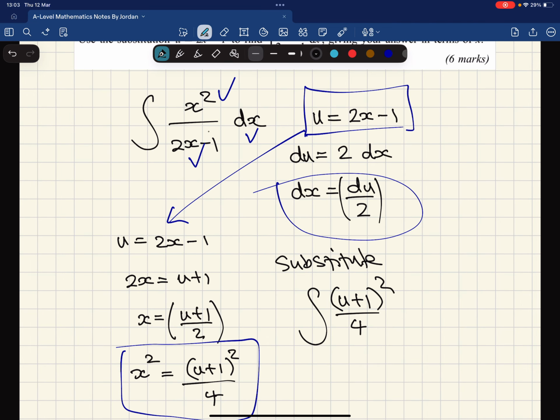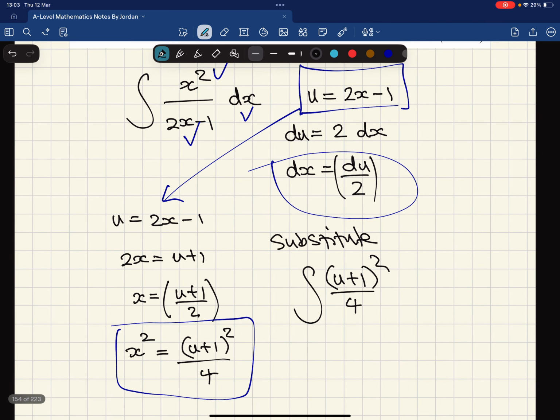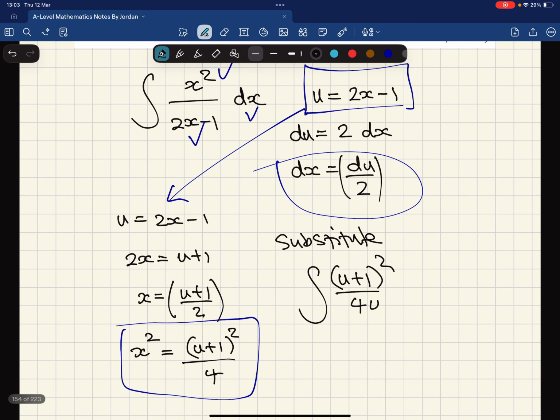And then if you notice at the bottom, we also have 2x minus 1, which, don't forget, is our u. So I can just write a u there next to it. If you don't like that, you could split these up and just have that as 1 over u next to it, but I don't see the point. I think it's easier just to have a u there.